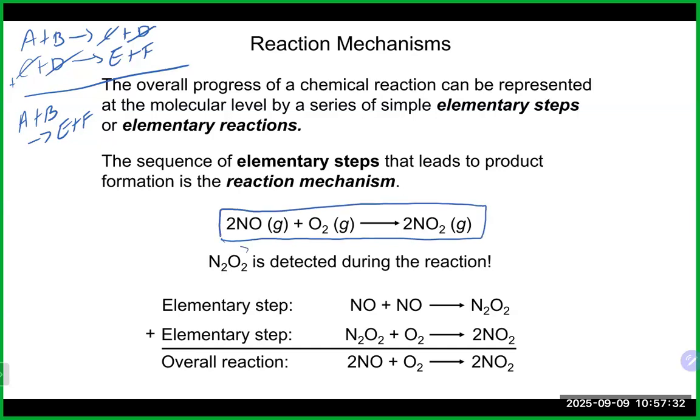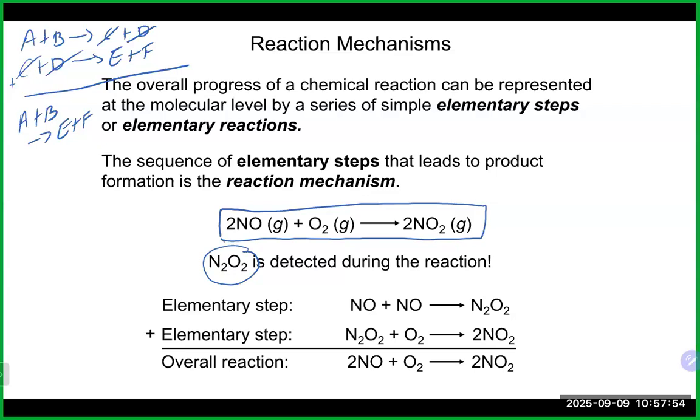So for example, if you look at this reaction here, and you do this reaction, during the process of this reaction, N2O2 is actually detected. But if we look in the overall reaction there is no N2O2 listed at all. It's not a reactant, it's not a product. So what that implies is that this reaction obviously does not occur in just like a one-step process, that it probably occurs in maybe multiple step processes.